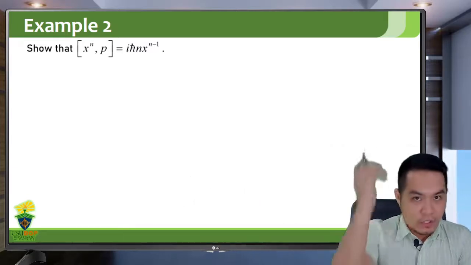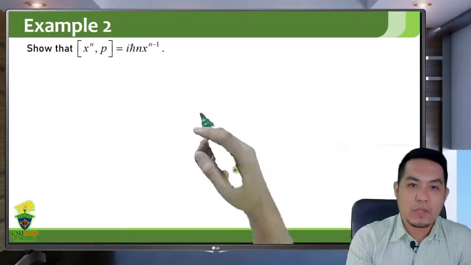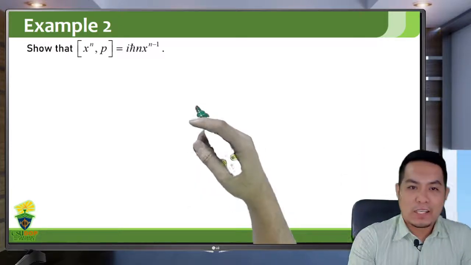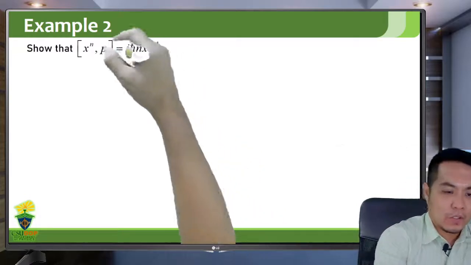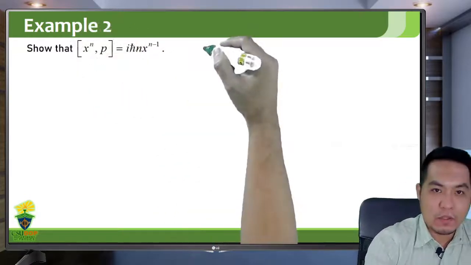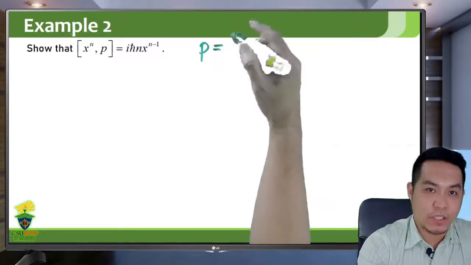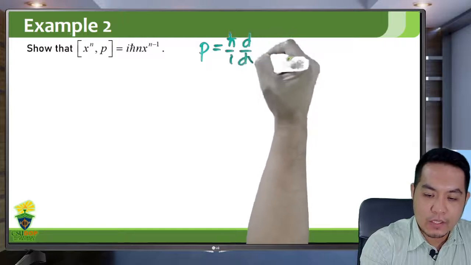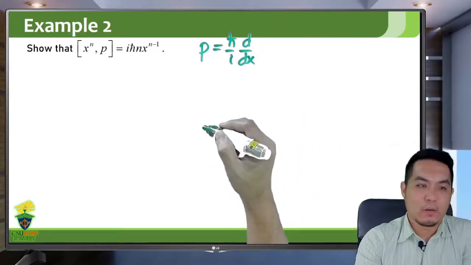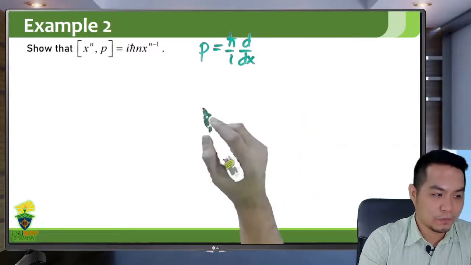Okay. In this case, we need to act these operators on a test function. Take note that the momentum operator in position space is h bar over i d/dx, the first derivative operator.